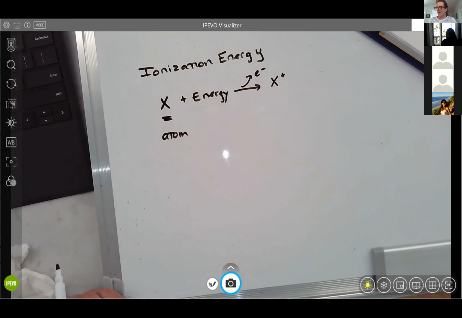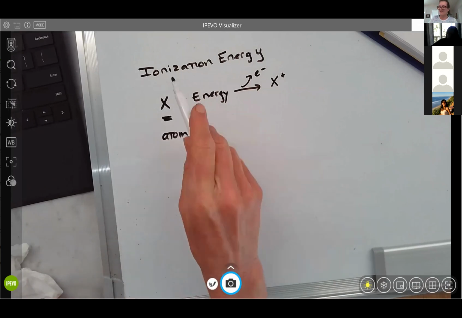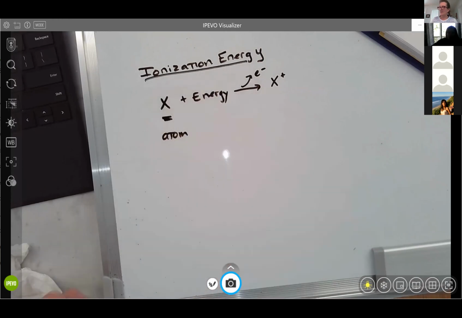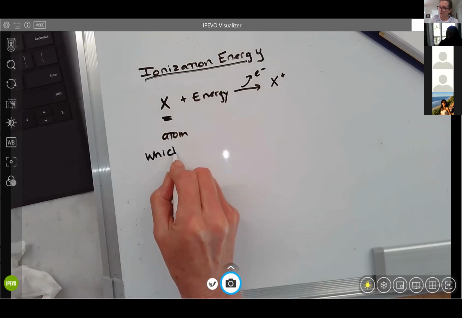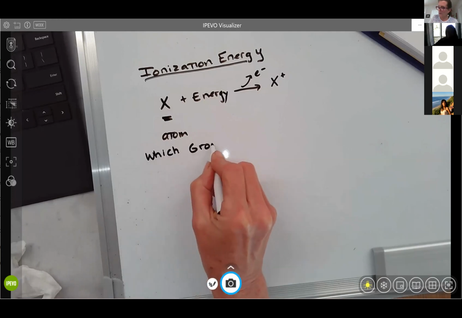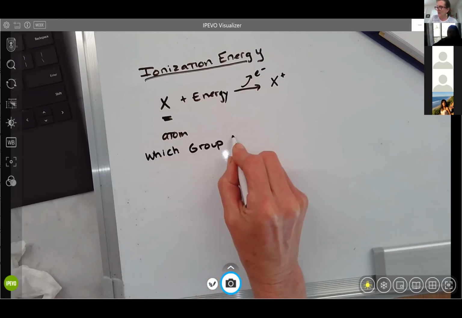Which group has the most loosely held electron in its valence shell? You can type your answers.